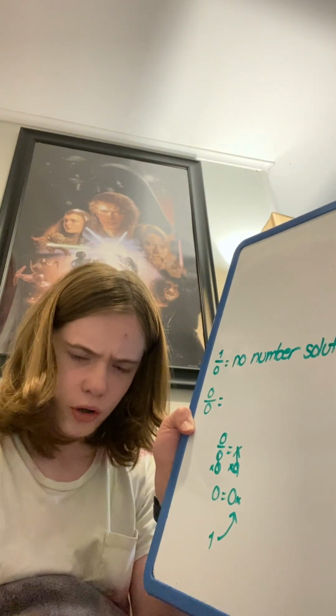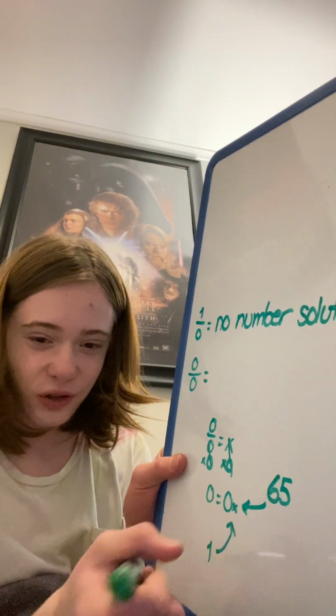So if you plugged in 1 for x, then it would make this equation true. But if you plugged in 65 for x, that will also give you this equation to be true.